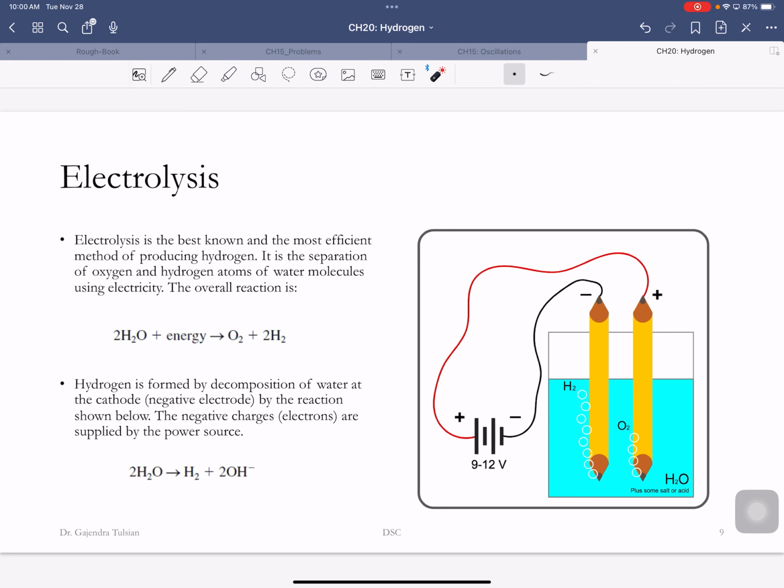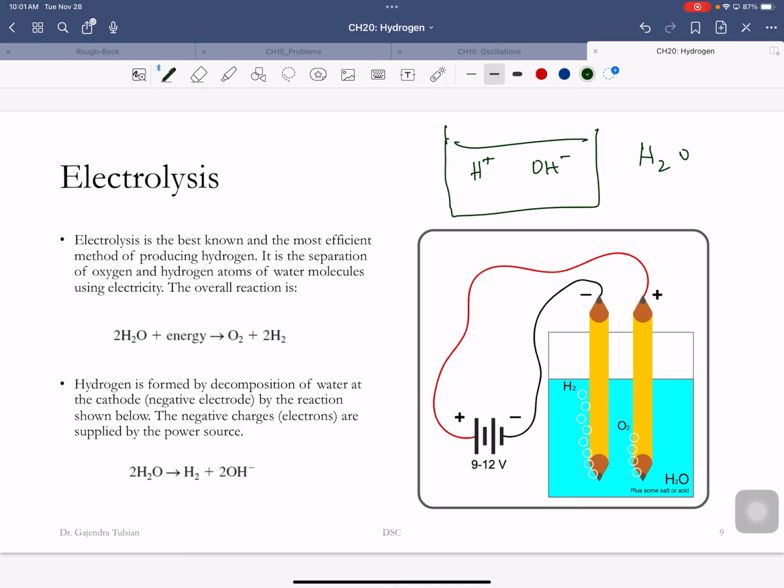So let me get to that. What is water? Well, water is H2O. But in water, a small fraction, about 1 in 10 million, ionize. Every 1 in every 10 million roughly ionizes like that molecule.